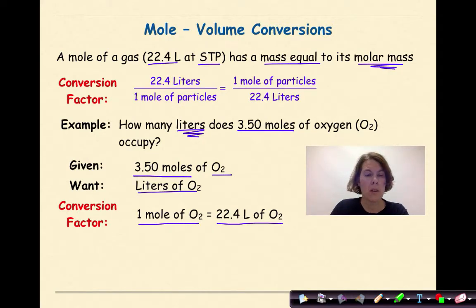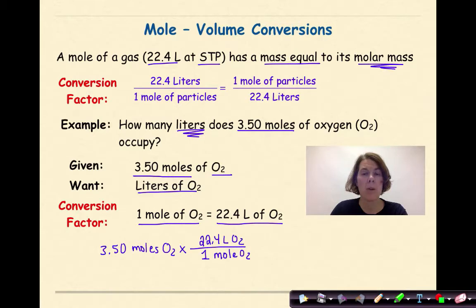And our given is 3.50 moles of O2. We're going to put a multiplication sign and a line. If I start with moles, moles needs to go on the bottom. Moles O2, and I know for every 1 mole of O2, that is going to equal 22.4 liters of O2 because I want volume at the end.